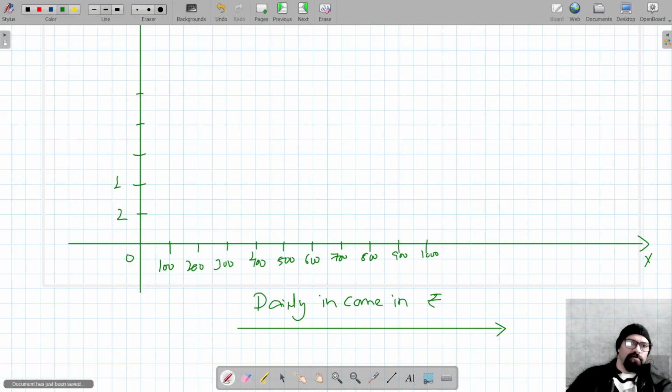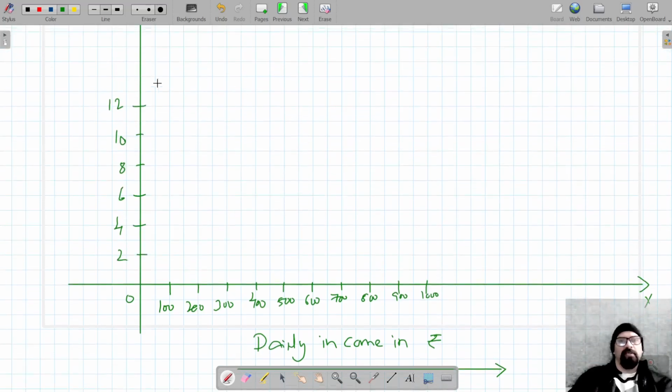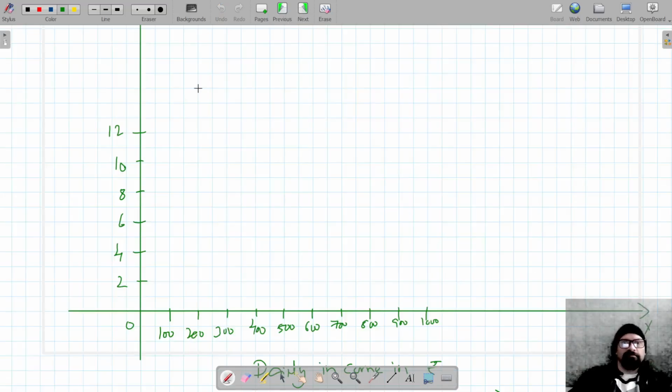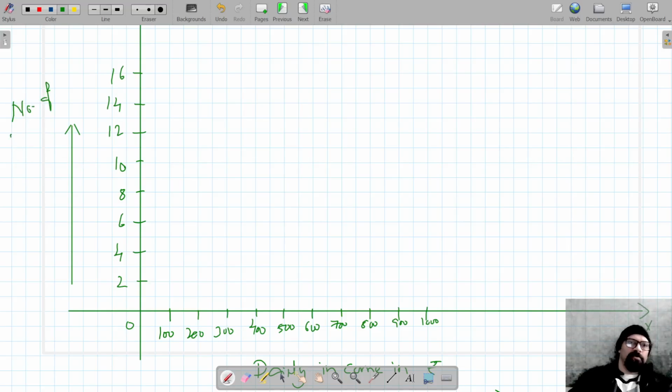So 2, 4, 6, 8 and 10, and then 12, 14, and we have the frequency 16 as well. So 12, 14 and 16, and these are the number of workers. So here you are going to label it as the number of workers.